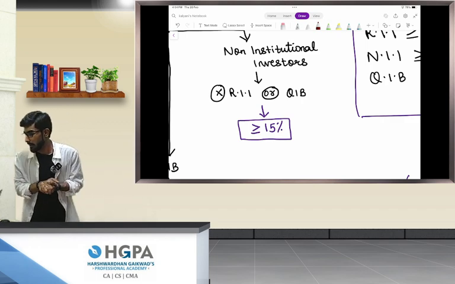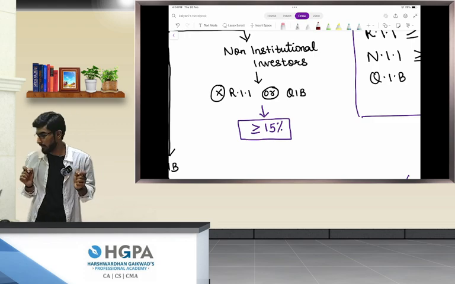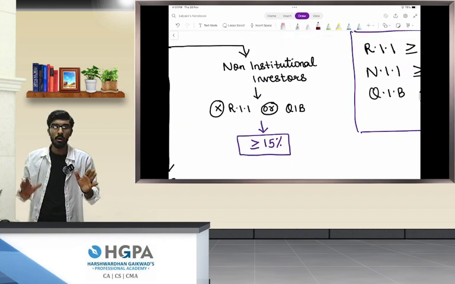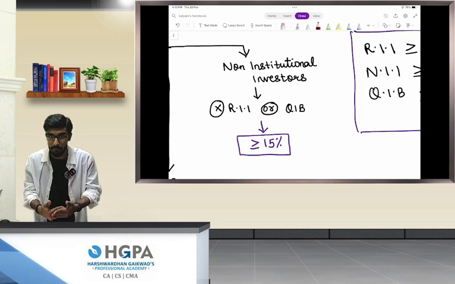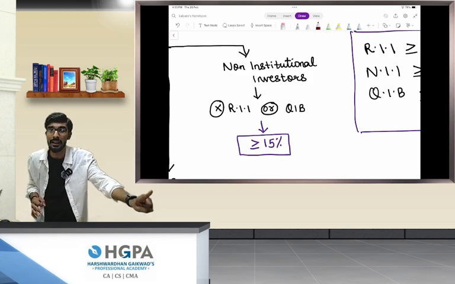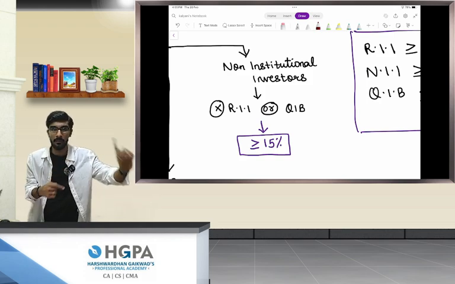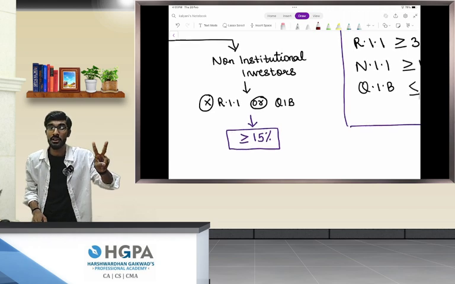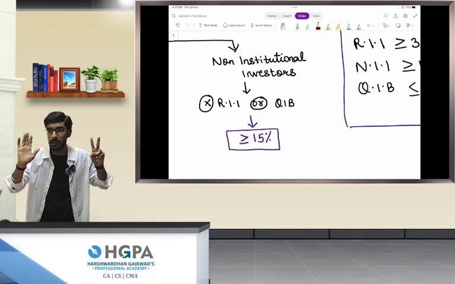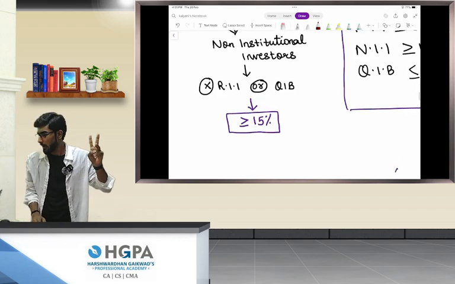Clear? Are you able to understand, people? Are you with me? All right. So, if a company is offering 100 shares, at least 35 shares should be given to retail individual investors like you and me. At least 15 shares should be given to non-institutional investors like Nikhil Kamath, Warren Buffett, and Bill Gates.